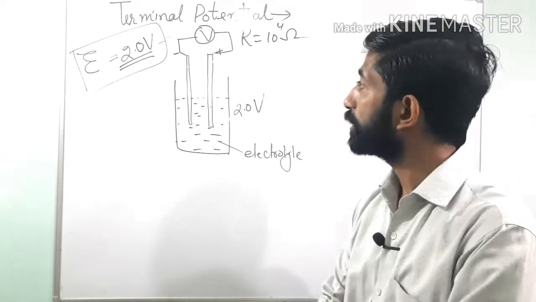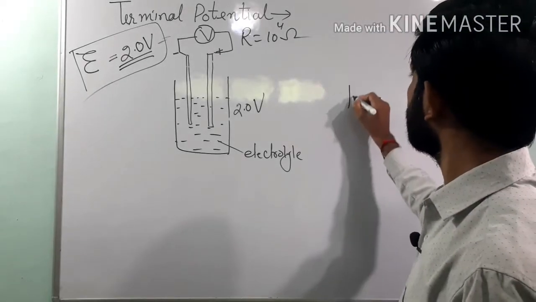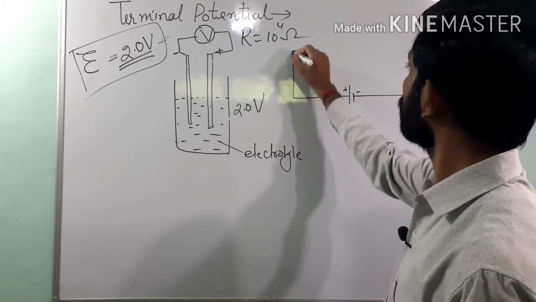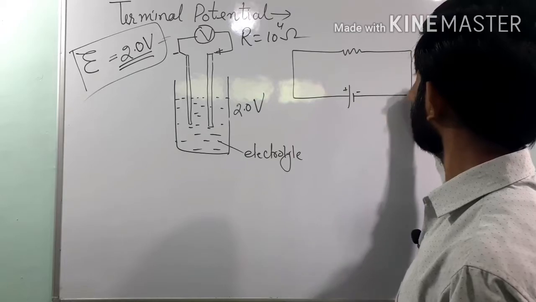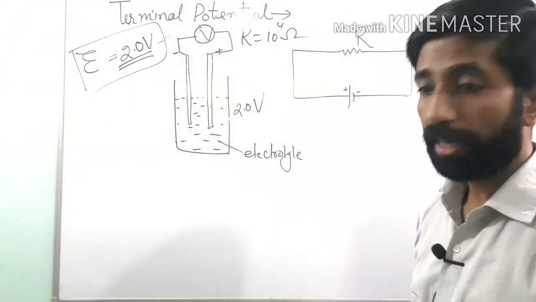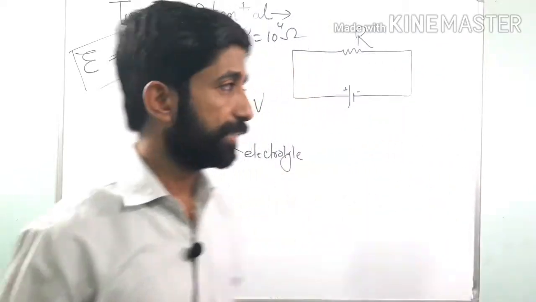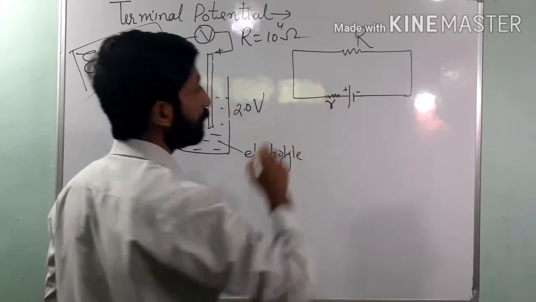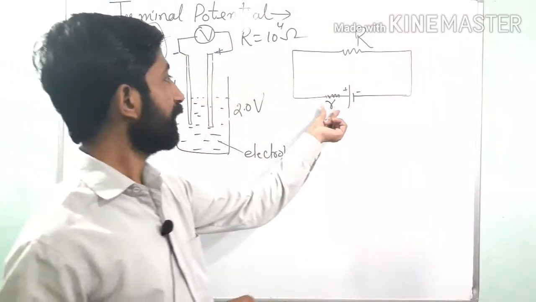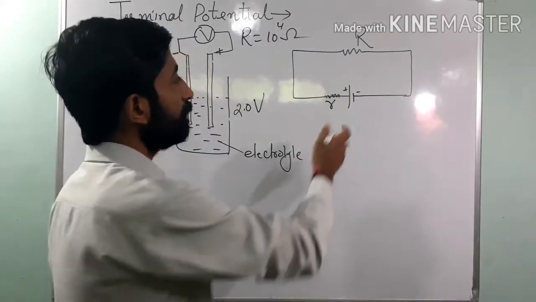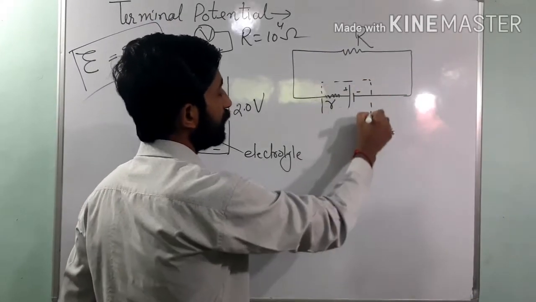Or in other words, when we complete a circuit, this is a cell, this is the external resistance R, and we discussed in the last lecture that every cell has its own internal resistance, denoted by r, and that can be connected either this side or that side, it does not matter, but it will be connected, and this whole is combining what?